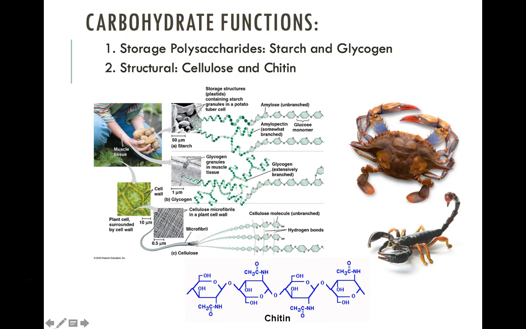So you essentially get a carbohydrate rope. When you look at glycogen or starch, there's not really any hydrogen bonding going on between the different strands of carbohydrates. But when we get down to cellulose, you not only have the covalent bonds that link those rings, but you also have hydrogen bonding in between. And remember, hydrogen bonds are individually weak, but collectively very strong.